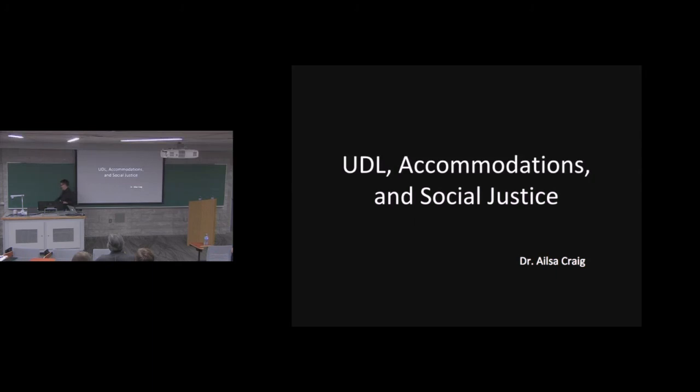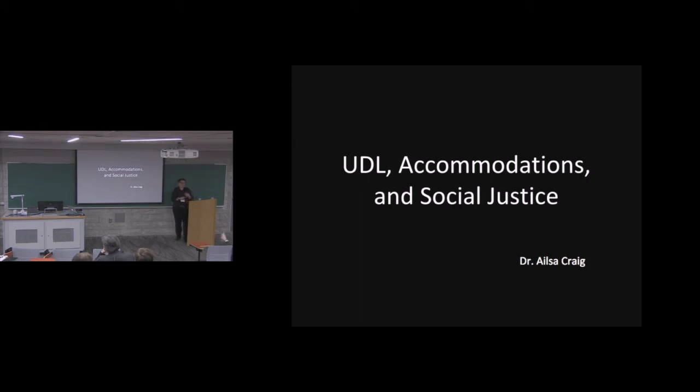So, first of all, I just want to thank Jason and Gabrielle for the opportunity to work with them on this, and I want to thank all of you for being here. I come to universal design through a social justice lens, and I want to finish off the session today giving us a chance to talk about the idea of accommodation as a way to further understand the social justice dimensions of UDL.